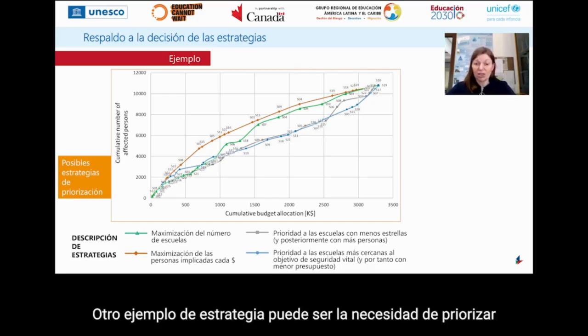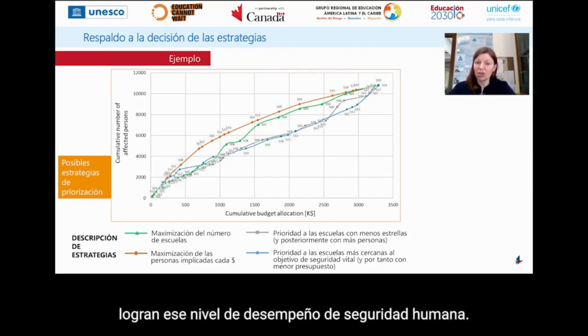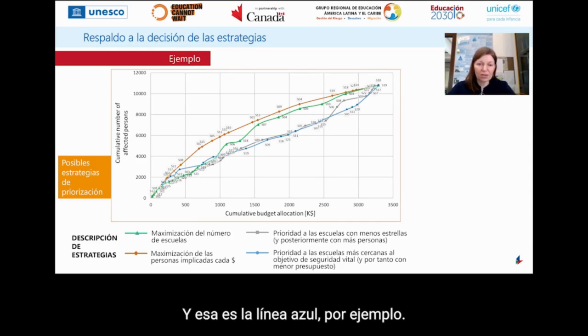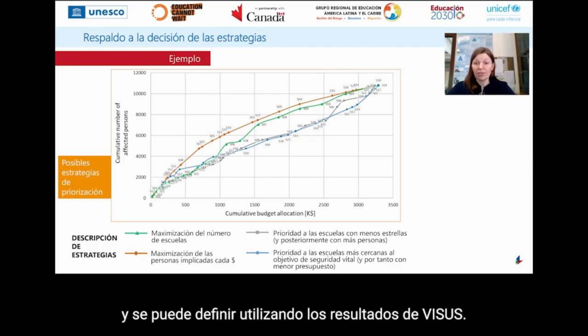Another example of strategy can be to prioritize the schools that are closer to the life safety goal, so that with lower intervention they achieve the life safety performance level. And so this is the blue line, for example. All these are some examples of potential strategies, but many others are available and can be defined using the VISUS outcomes.